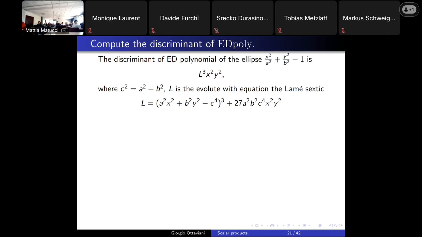The containment is that the evolute, which is the envelope of the normals, divides the discriminant. It divides even more, with power 3, but I don't know why. I can prove only that it divides.